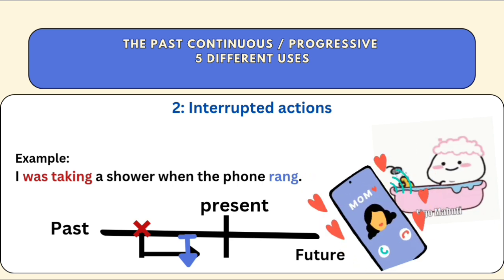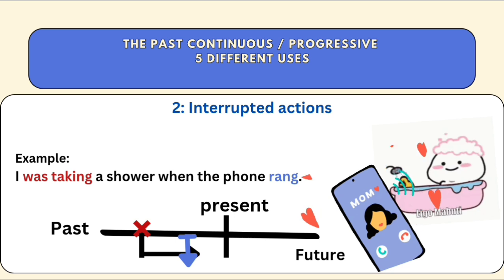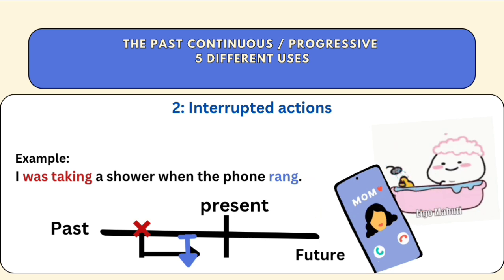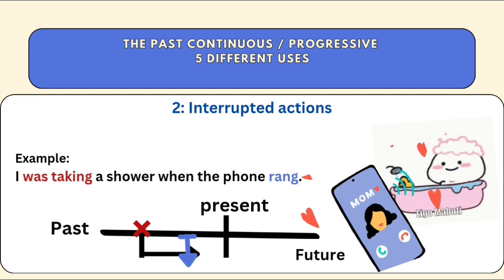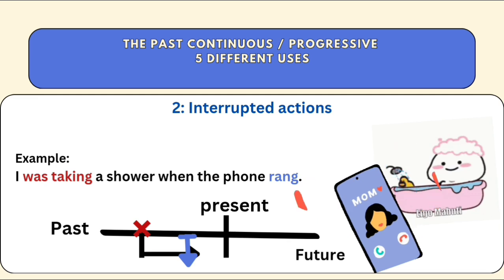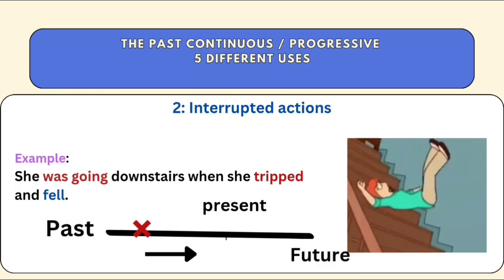So that's why I said we have studied it before, because when we studied the simple past, we studied that exact pattern. So remember, the long action is the past continuous action and the short action is the simple past tense. Another example.